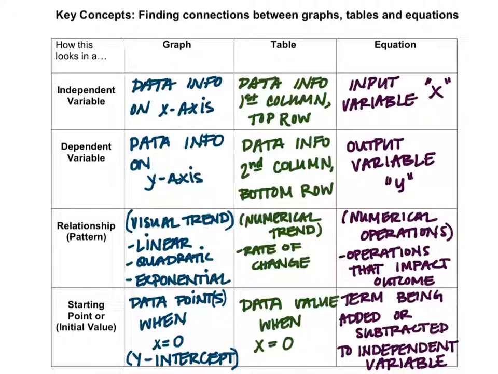It's the number that isn't being multiplied by the independent variable or divided, only being added or subtracted. So those are some really key points to look through, and we can come back to these as we go along. So we have some examples.